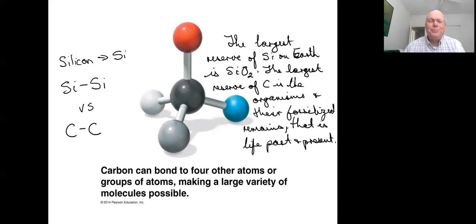And therein lies the reason why it's carbon and only carbon and not silicon. If you had a silicon-based life form, it could only survive in the absence of oxygen, which, if we think about the history of our planet, for about the first 2 to 2.5 billion years, might have been possible because there was very little free oxygen present on our planet.